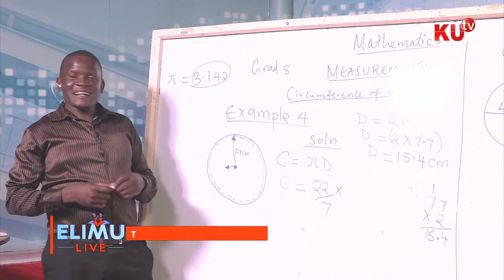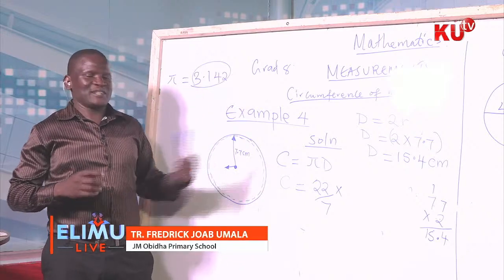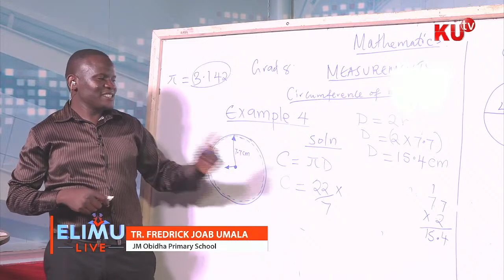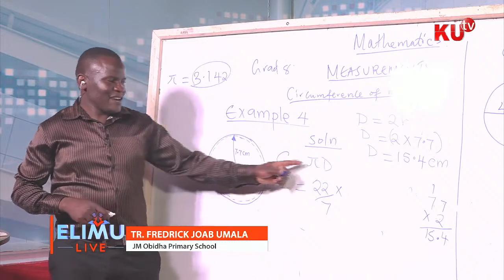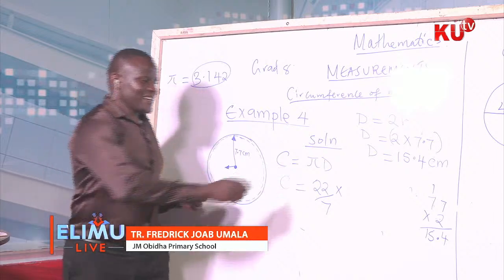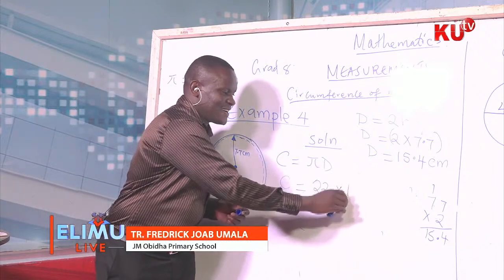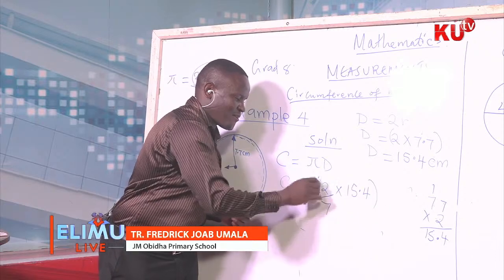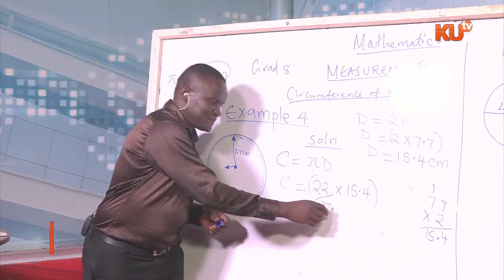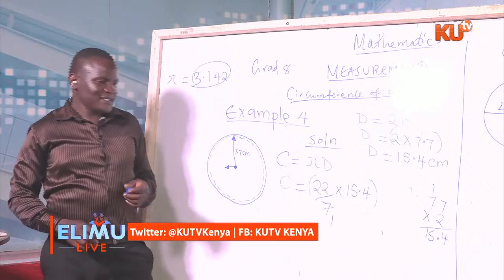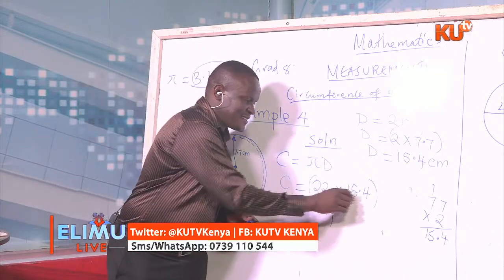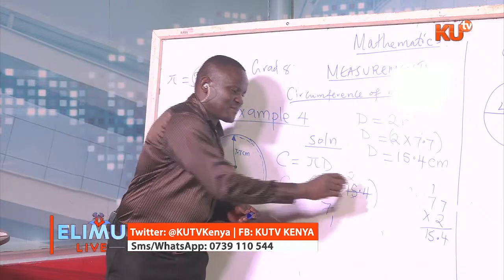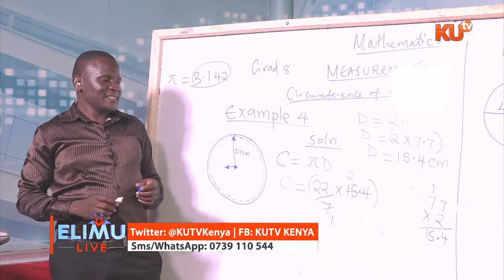So back to our formula. Circumference equals pi d, where our pi is 22/7, and our diameter is 15.4. 7 will go into 15 2 times, which gives us 14.